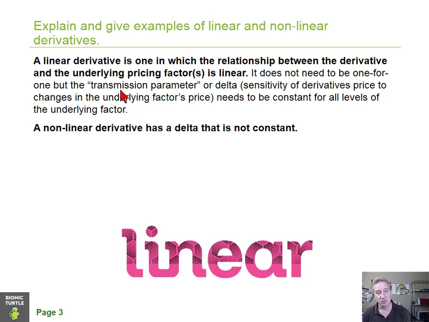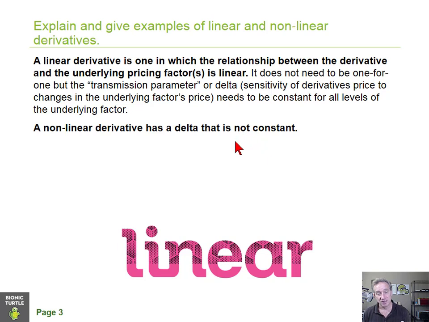It does not need to be one for one, but the transmission parameter or delta needs to be constant for all levels of the underlying factor. I would just highlight that aspect of the definition here in Linda Allen: the definition of a linear derivative is one in which the delta is constant, and a nonlinear derivative has a delta that is not constant.